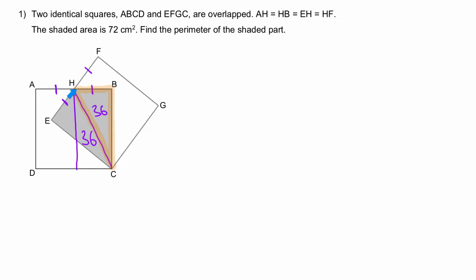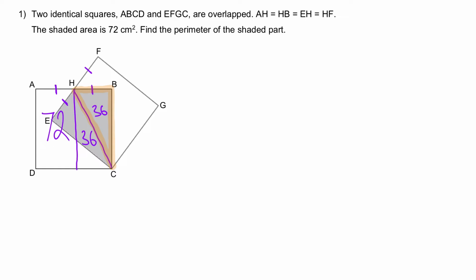And if this rectangle is half of this entire square, what can we say about this area also? This area must be 72. Make sense? So the area of this entire square is 72 plus another 72.